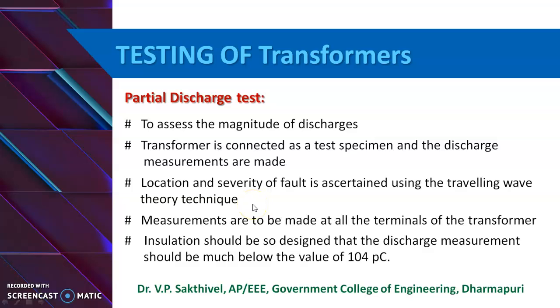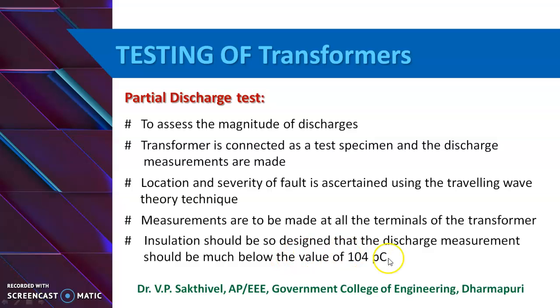The location of the fault or void is sometimes found by using the traveling wave technique, similar to that of cables, and measurements are to be made at all terminals of the transformer.